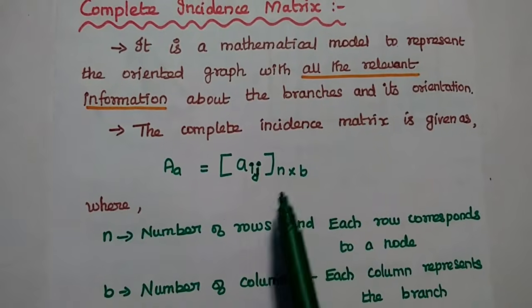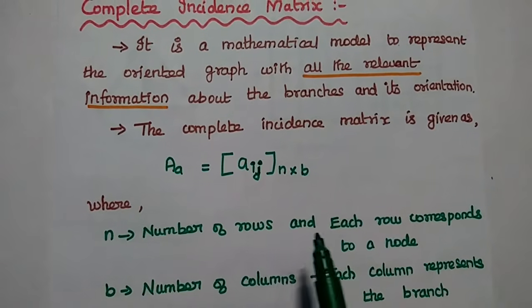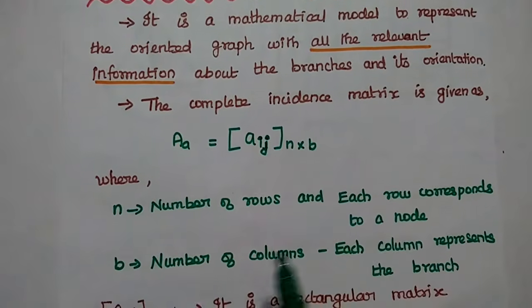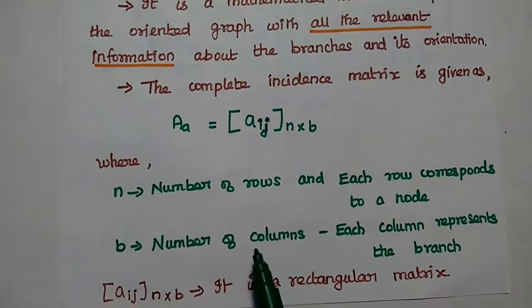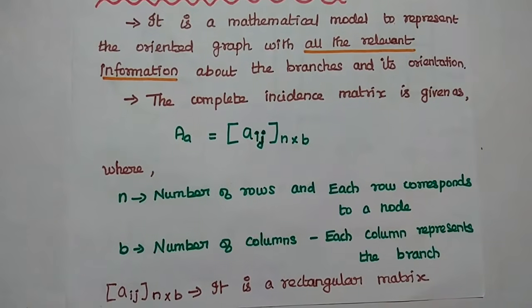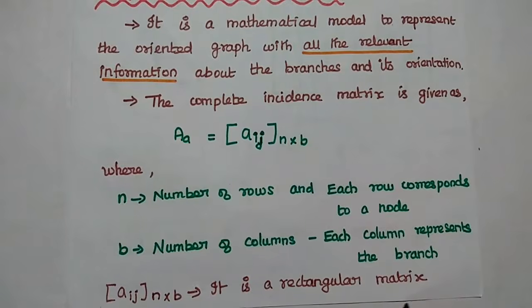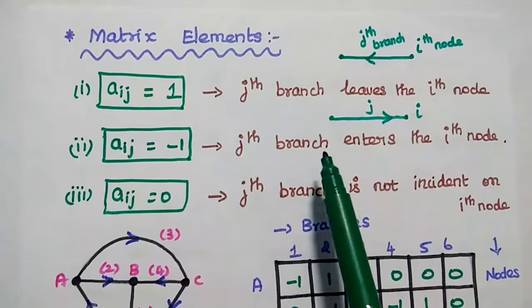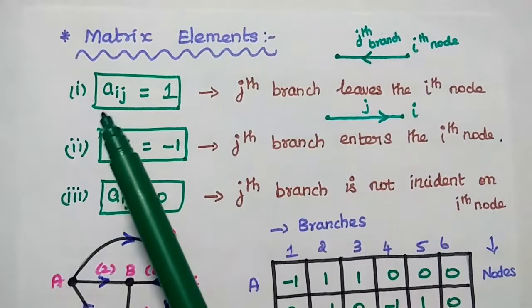Here n represents the number of rows and each row corresponds to a node of the given network. And b represents the number of columns, each column represents a branch, and the matrix is a rectangular matrix. The matrix elements of the incidence matrix are given here.